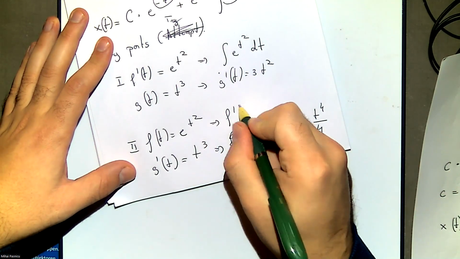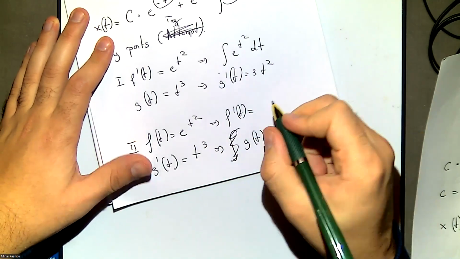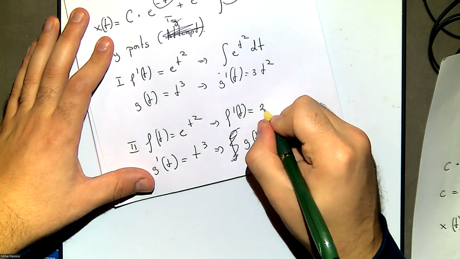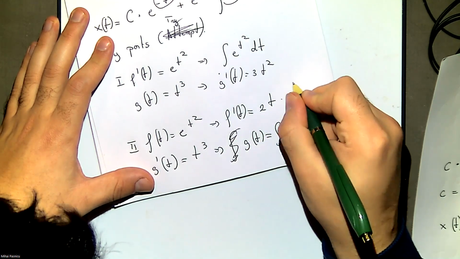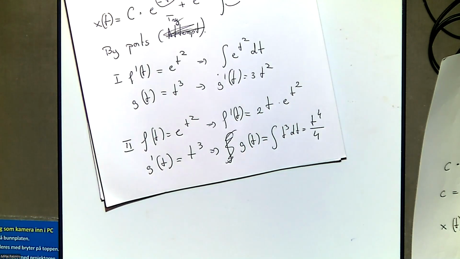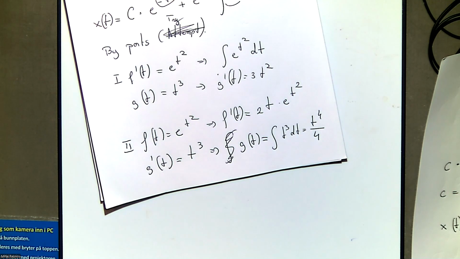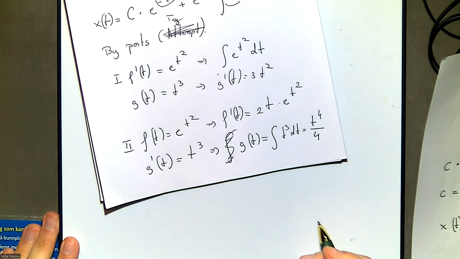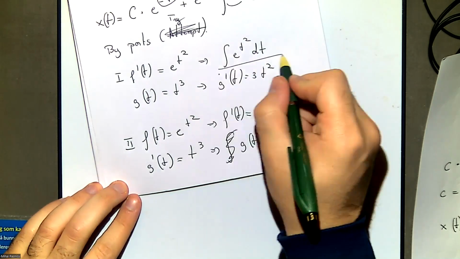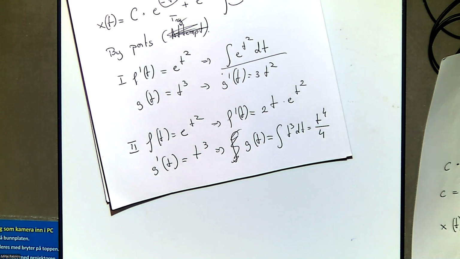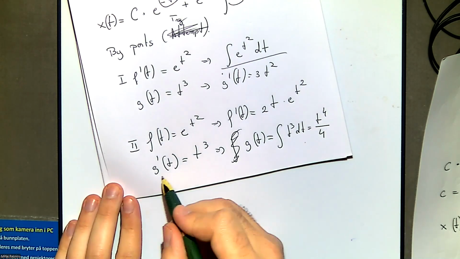And f prime of t, taking the derivative, is 2t times e to the t squared. So now we've written the two cases of by parts, and we think about which one is easier to work with. The first one is not really a solution because you can't solve it. So I would have to use this one.